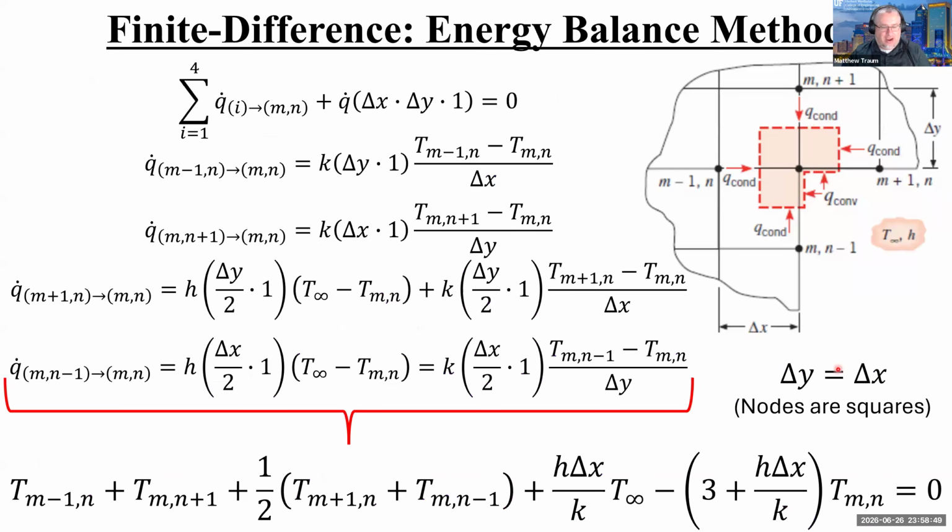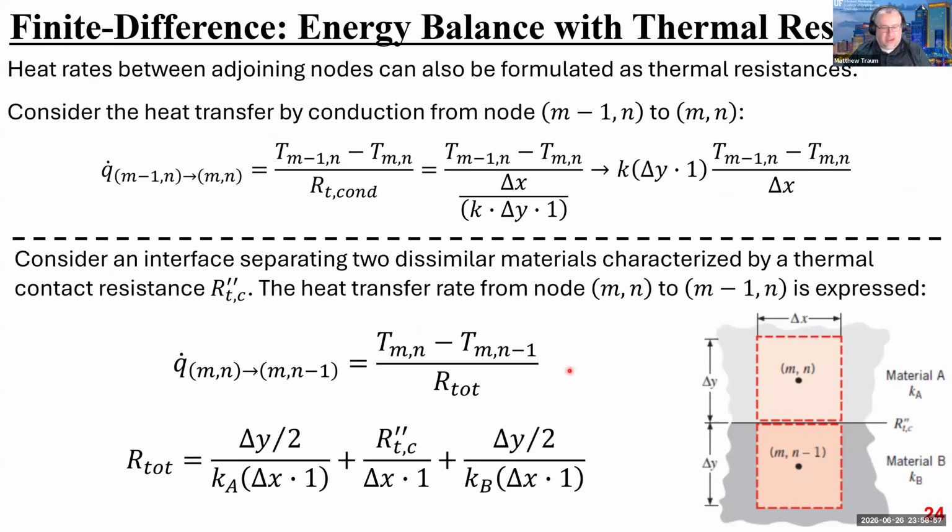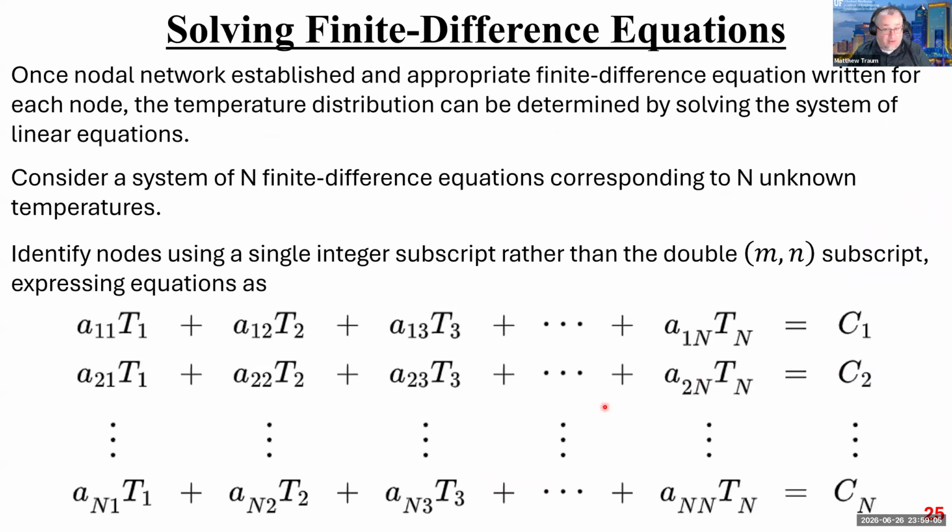I can even write an equation like this if I have external nodes, or like this if I have nodes that represent a contact resistance between two dissimilar materials. So you have a lot of tools at your disposal to write these equations, but we've got to write them.